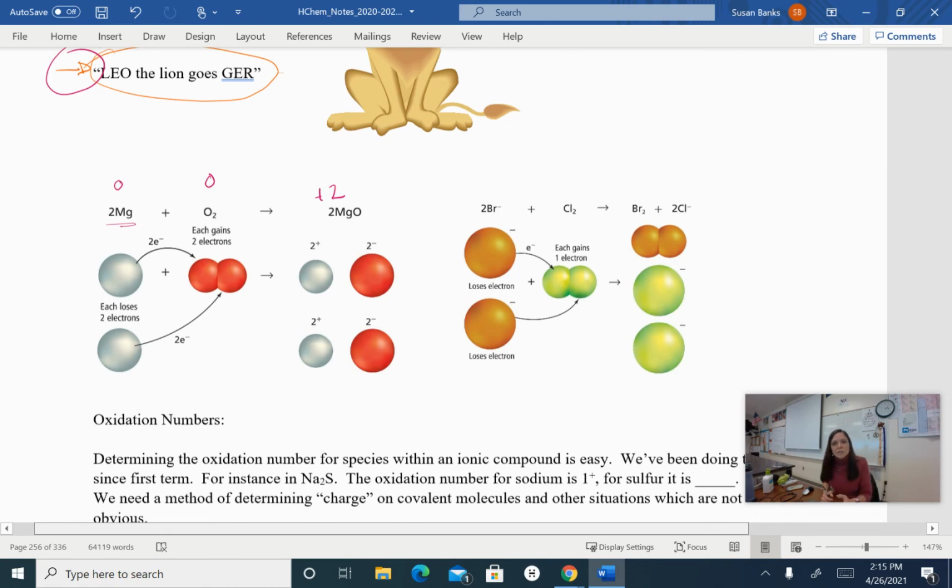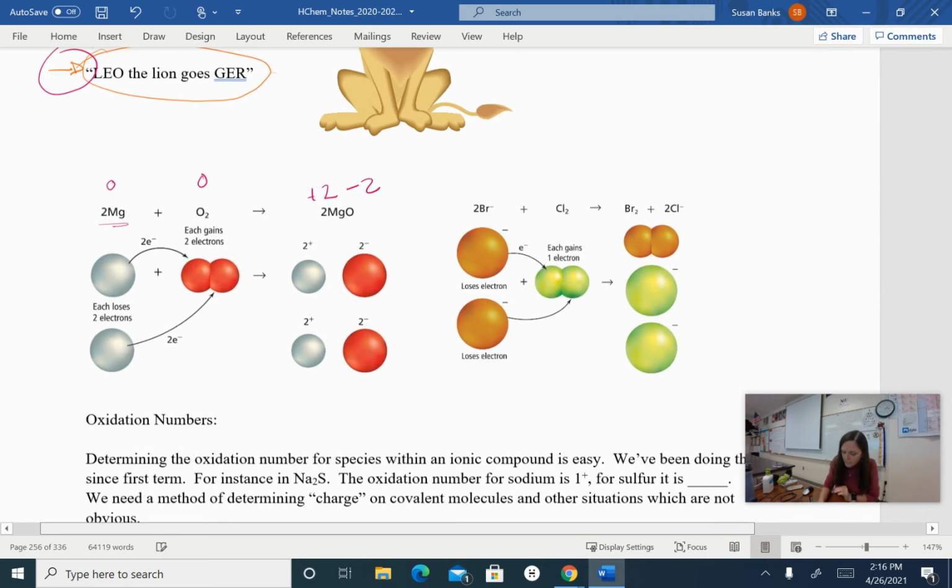And oxygen, because it's in that third to last column, it has a charge of, do you guys remember, -2. Okay. So that means magnesium went from a 0 to a +2. And remember, electrons are negative. So that means we lost 2 electrons on that magnesium to go to a +2 state.